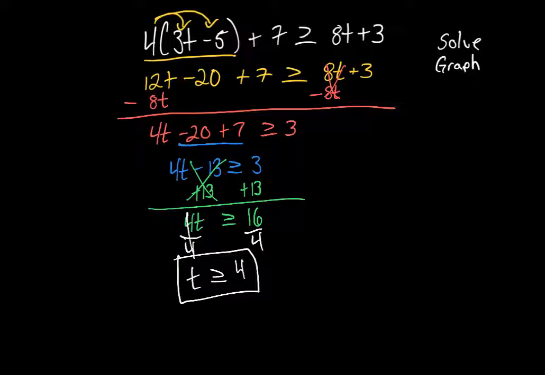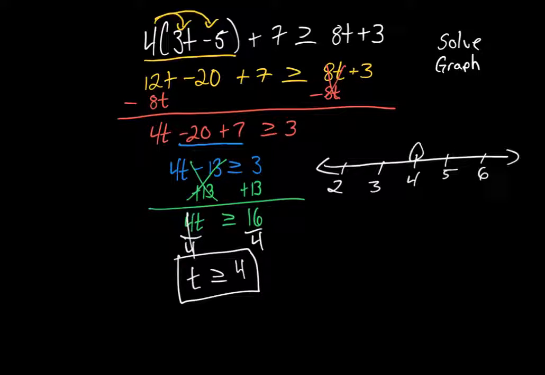Now what I need to do is I just need to graph it. So I am going to draw my number line. I'm going to put 4 in the middle, 5 and 6, 3 and 2. I'm going to put my circle over my 4, open or closed, closed because of the 'or equal to', so I'm going to fill that in the best I can.